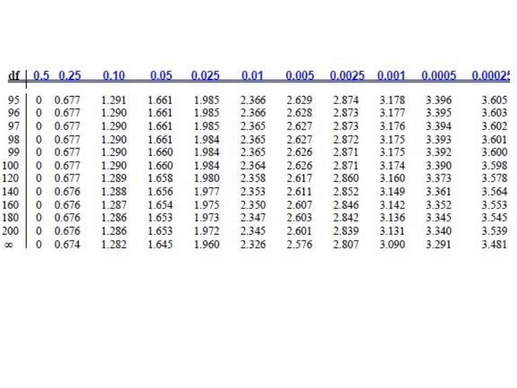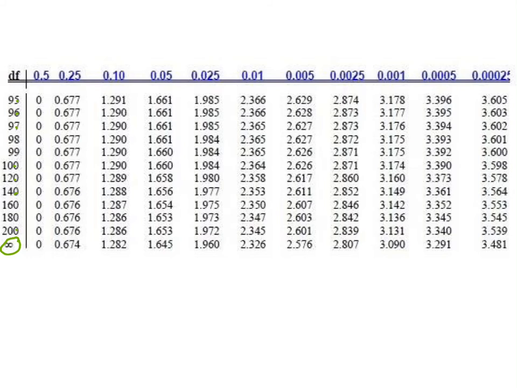Okay, so if you look in the table, the degrees of freedom goes up until 95, 96, 97, up until 100, right? Then it jumps to 120, 140, and so on and so forth until 200. And then the next row is infinity. Okay, so whenever the degrees of freedom gets above 200, you use this last row, this infinity row.